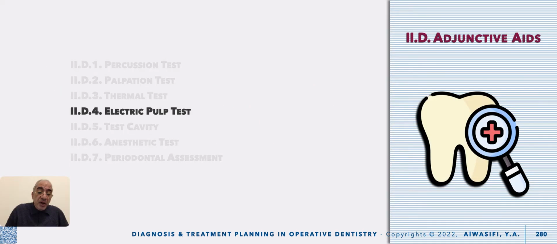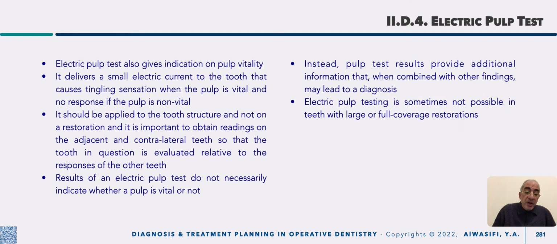Then comes the electric pulp tester. The electric pulp tester is a means of testing the pulp vitality through the tingling sensation felt due to low electric current. When the tooth shows no response, or the tooth didn't feel any tingling sensation, that means that the tooth is non-vital and your sensory nerves are damaged.